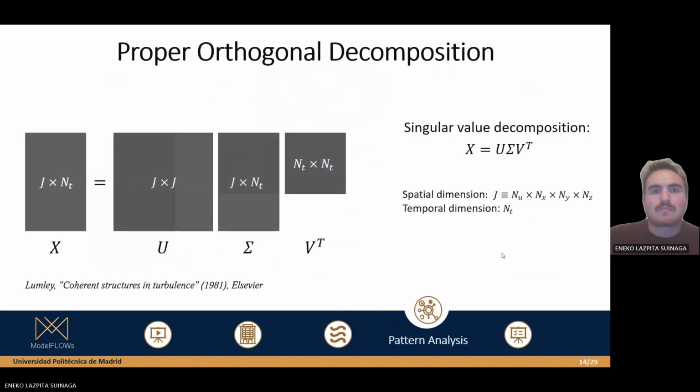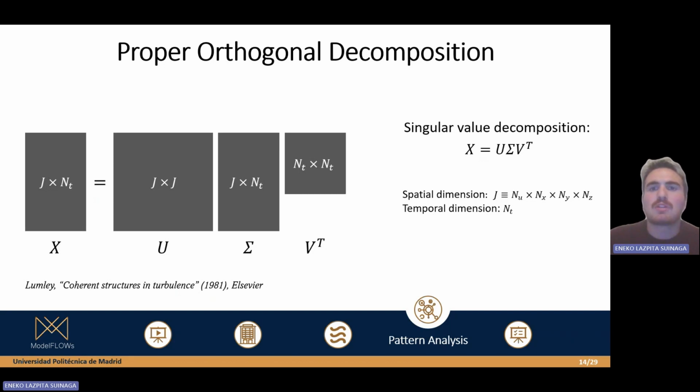And well, once we have these databases and we know what flow features we may encounter in these urban flow areas, we will want to analyze these patterns, these features, and for that we are going to use different tools based on modal decomposition.